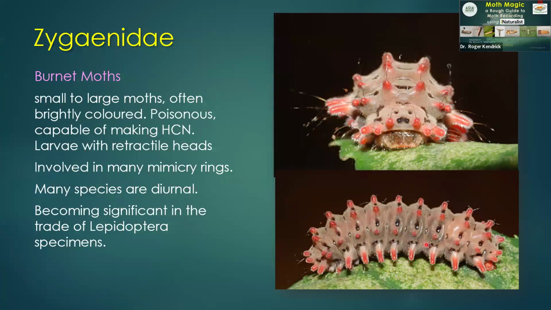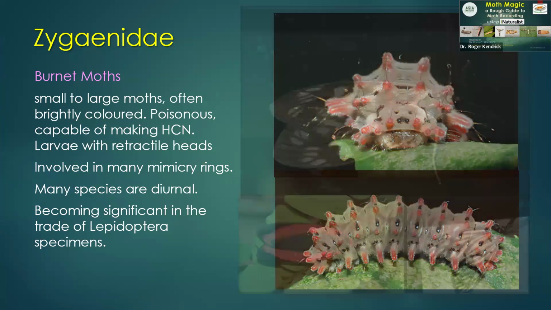Zygaenoidea are colourful for a reason. This group make hydrogen cyanide as a protection. Hydrogen cyanide, those of you that follow history will know that it was the gas used for exterminating and genocide in the Second World War. Not a good thing to do.